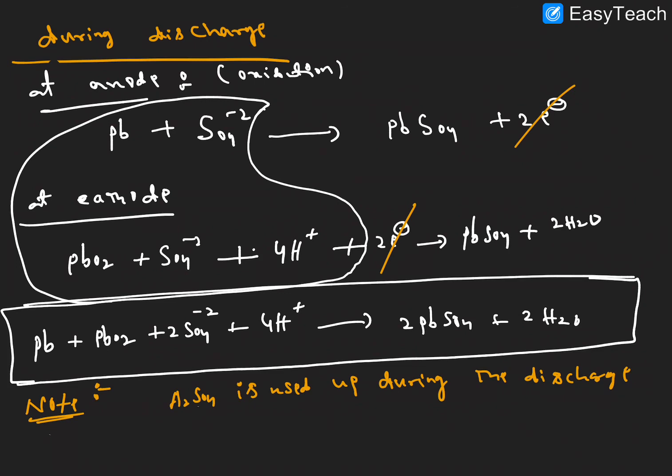Already explained, whenever the battery is used, the H2SO4 concentration decreases. So the density of H2SO4 falls. Whenever it falls below 1.2 grams per cubic centimeter, the battery needs recharge.